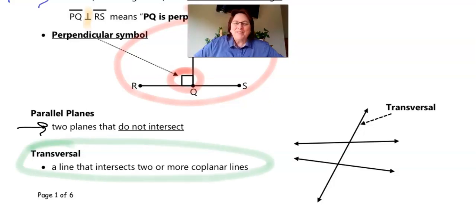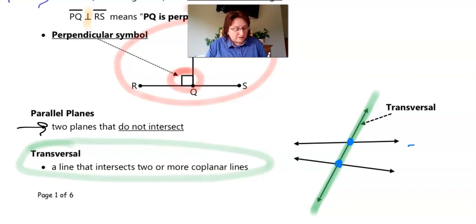Good job. All right, a transversal. Guys, the definition of that is it is a line that intersects two or more coplanar lines. So over here in the picture, this line right here is our transversal because it intersects two coplanar lines. Notice it intersects both of those lines.